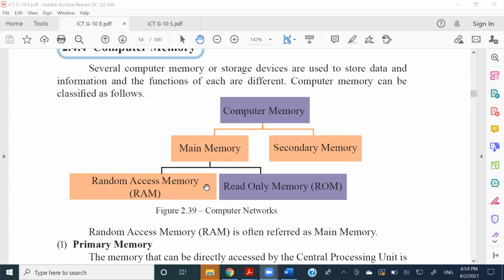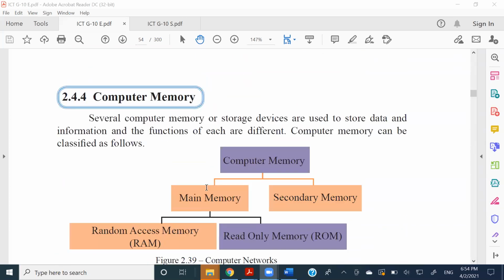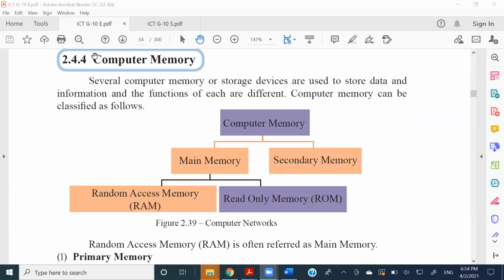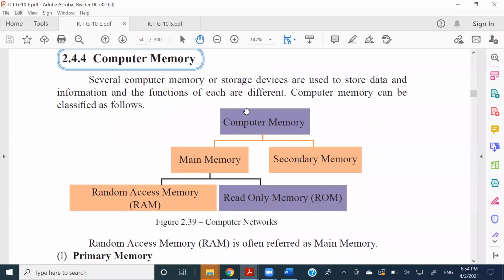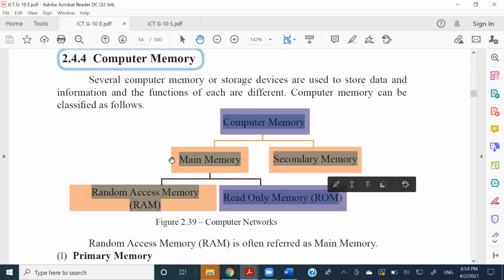Right, before we move forward, let's note down these two things, right? Have the heading computer memory, and you had better draw this structure. When you are drawing it, please add a new category under the main memory, which is called cache memory, C-A-C-H-E. That is how cache is written regarding computers, right? It is not C-A-S-H. Cache memory, right?